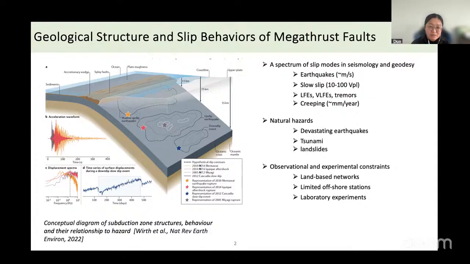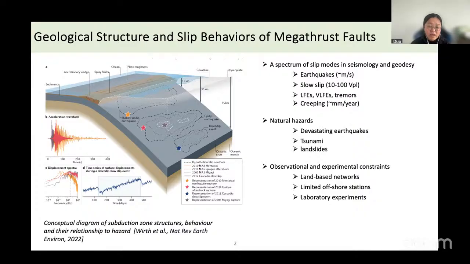There we can have a devastating earthquake rupture and nucleation. Below that, because environmental parameters like fluid and temperature change, the fault transfers from brittle to ductile deformation, and that promotes low frequency earthquakes or slow slip events. So it's a continuous spectrum of slip modes that has been observed from shallow to deep.